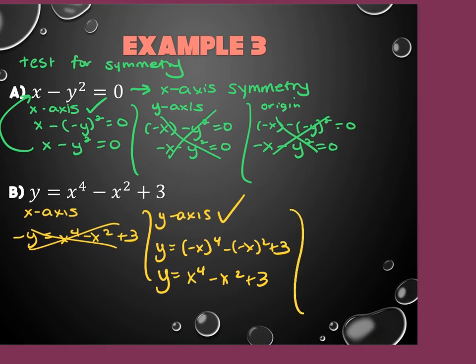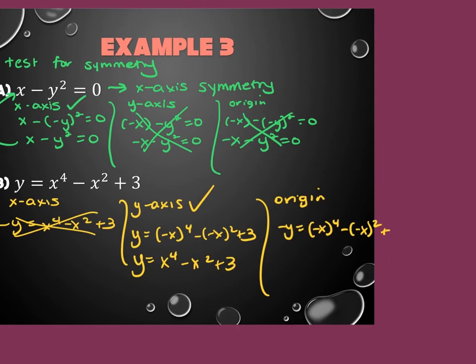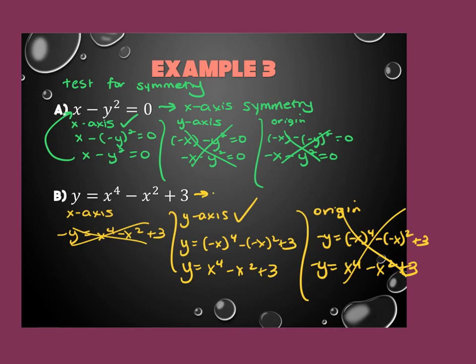And then we know if we change both, the y is going to change, but the x's go back. So that's also a no. So this has just y-axis. So you can have x with origin, you can have y with origin. If you have both x and y, you're going to have origin, if you want to keep that in mind.